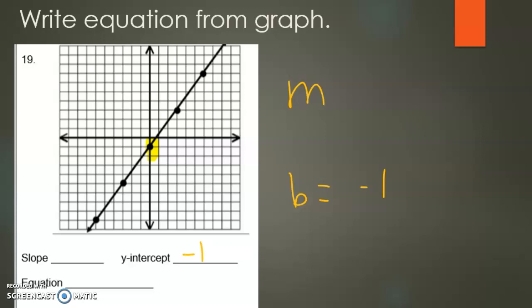The slope, I am going to realize that that is a positive slope because it is going in the positive direction, and I am going to count the rise over the run.